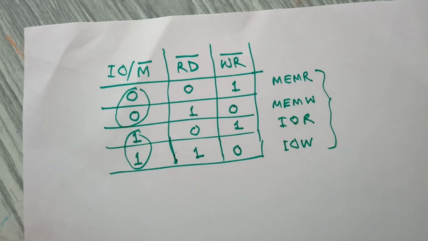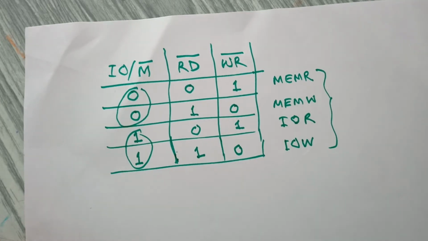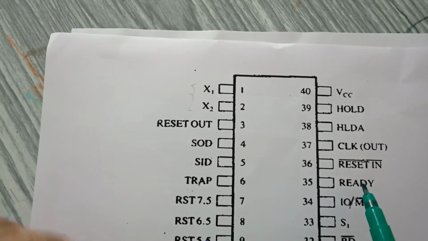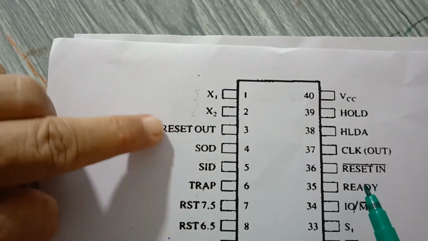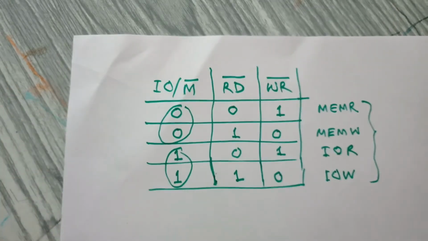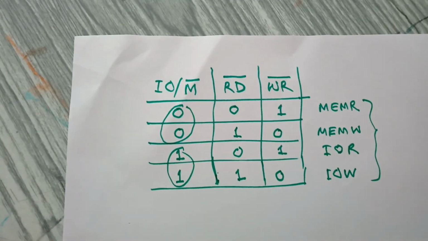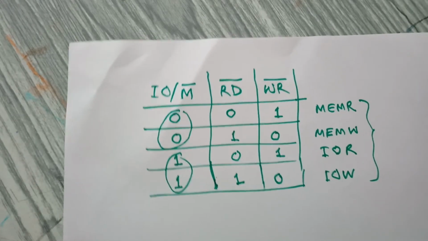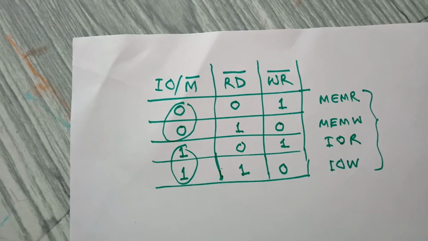Then we have reset in and reset out. See that here we have reset in and here reset out. As the name indicates, reset means you know that whenever a reset button on any machine or system is pressed, it starts from the starting point.